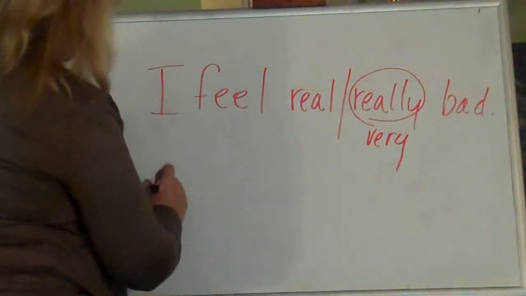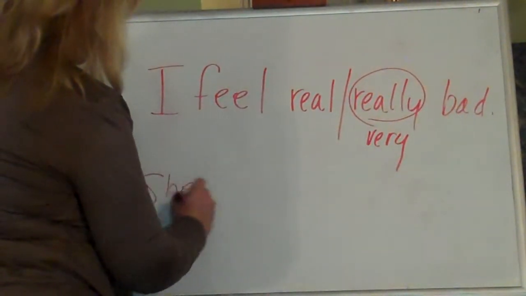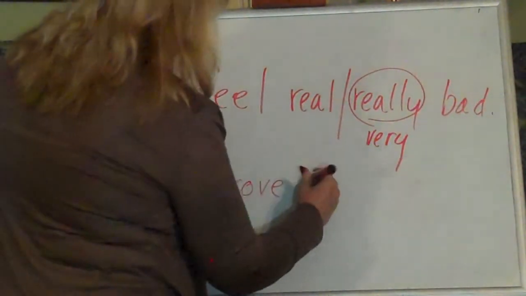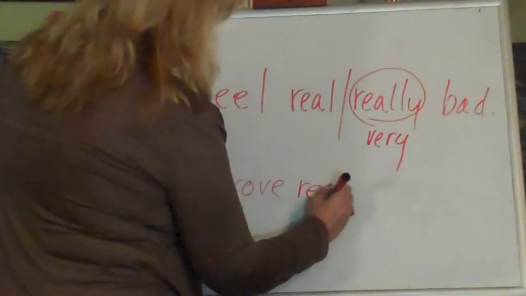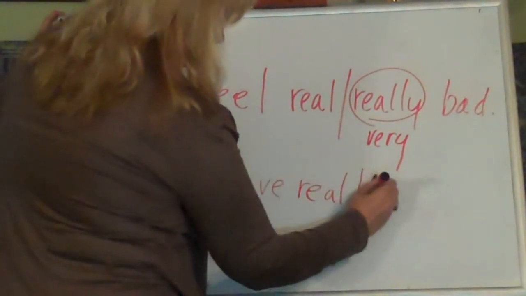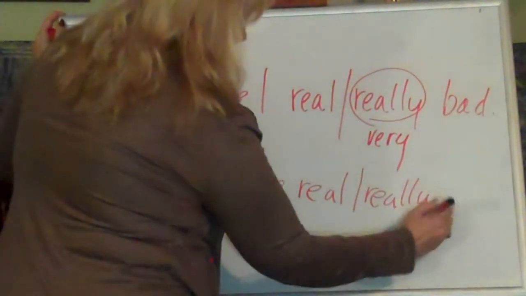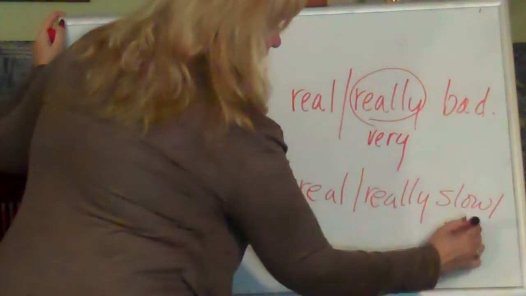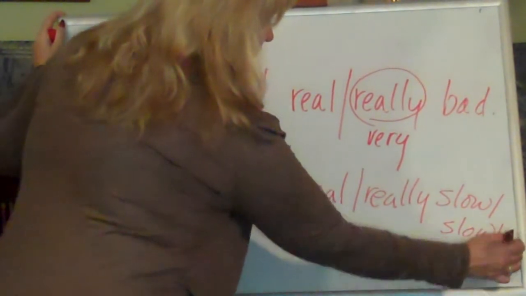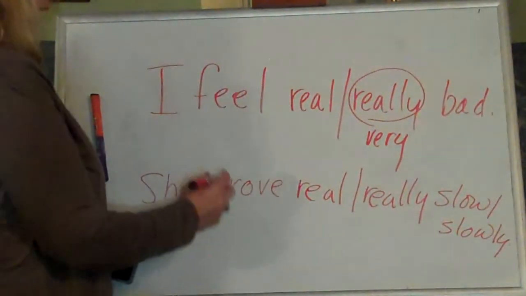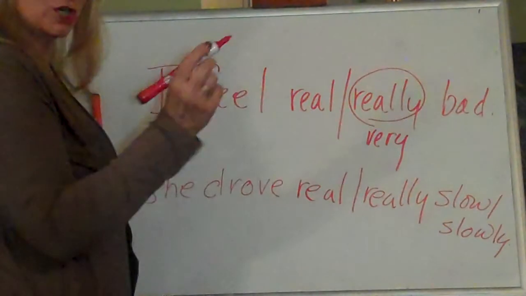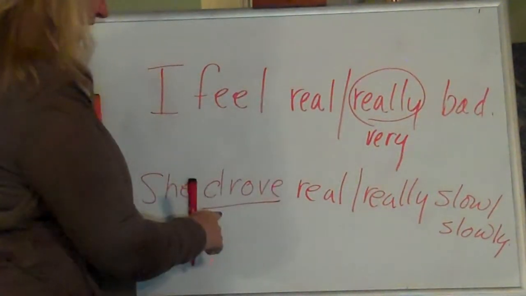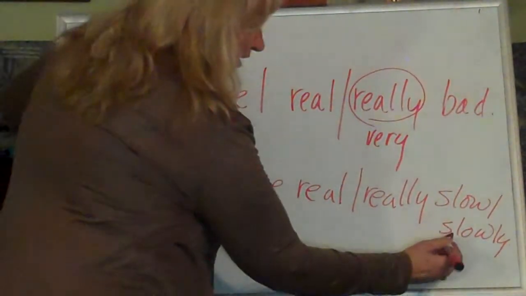Let's try another one. Let's try real and really again. And here's the key. Is it going to be slow or slowly? Okay, so I'm giving you two different issues here. Okay, so if it's asking you how she drove, remember that adverbs answer how, okay? So if it's asking how she drove, then that's an adverb.